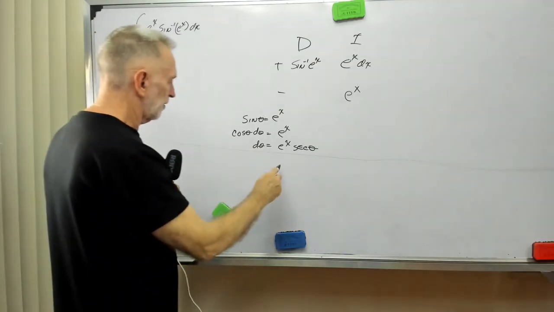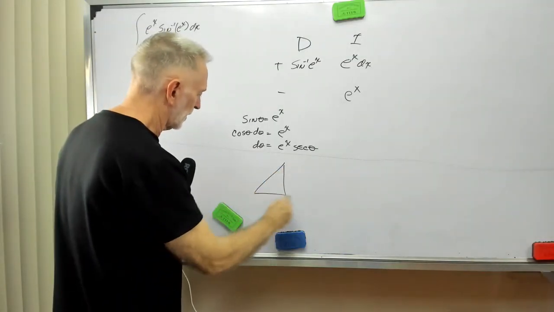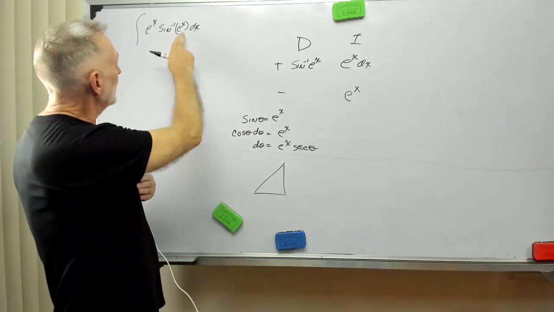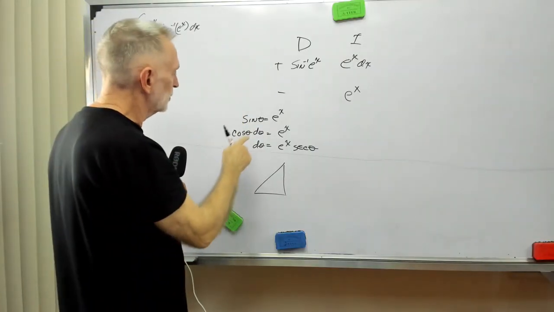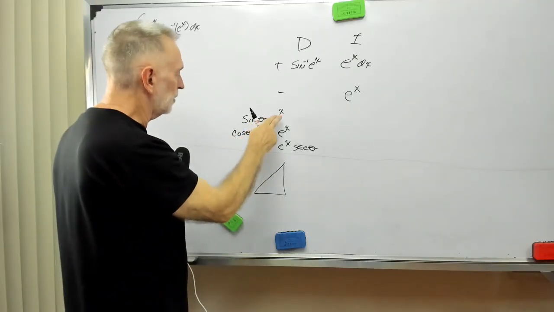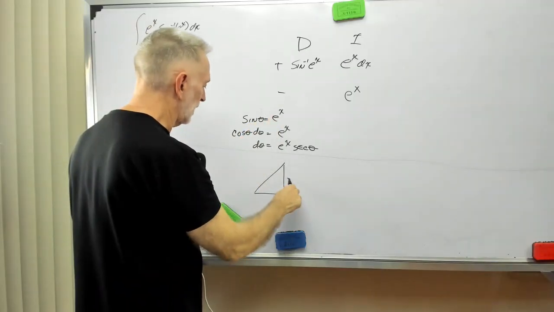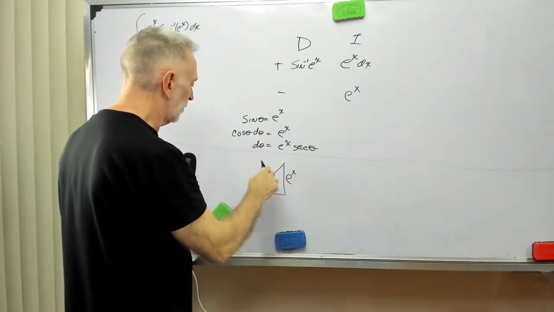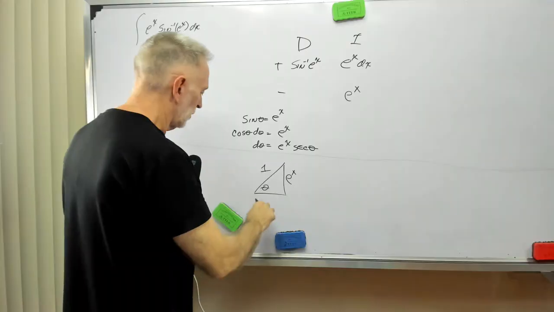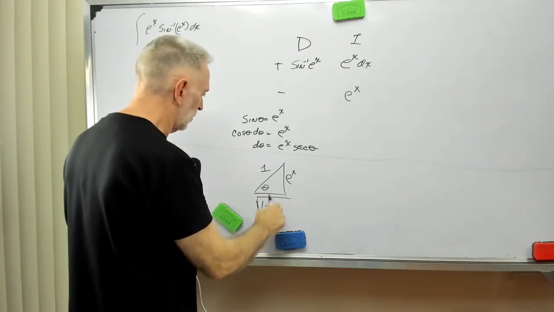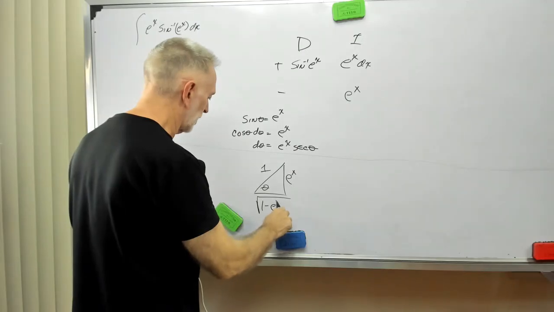Okay, let's get us a triangle back up here. We said sine inverse of e to the x implies that sine theta equals e to the x. So sine is opposite over hypotenuse, this is theta. That gives me this side is the square root of 1 squared, which is 1, minus that side squared.